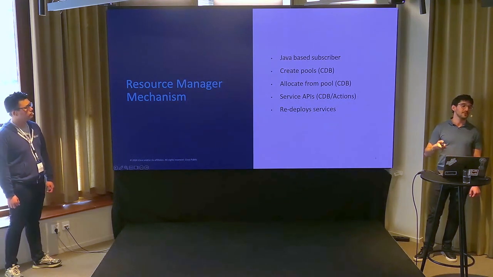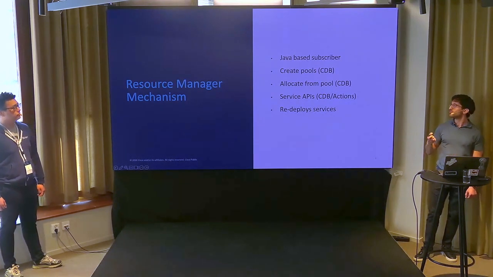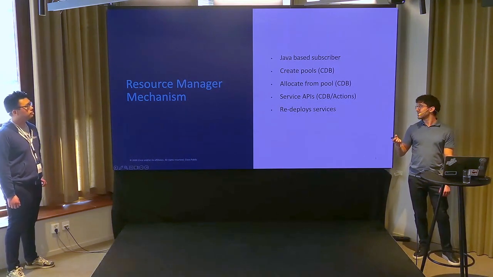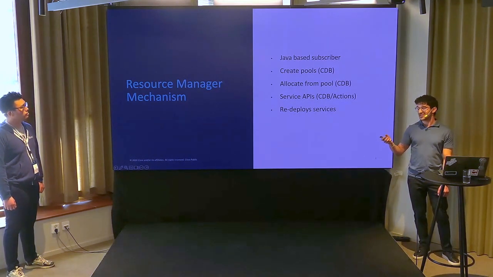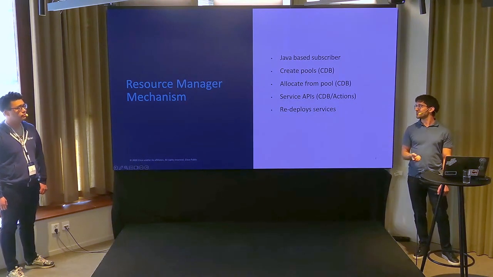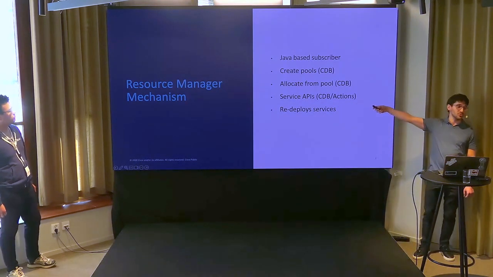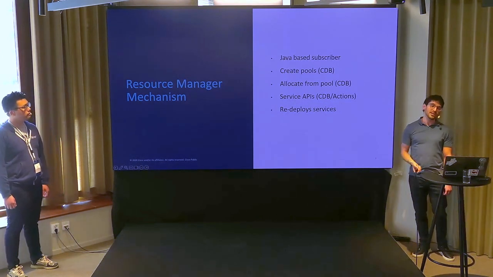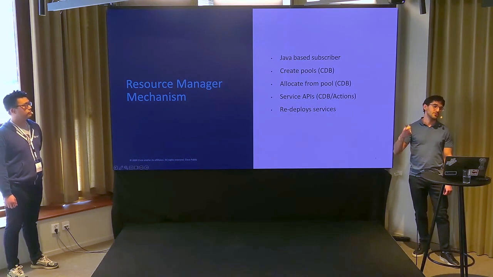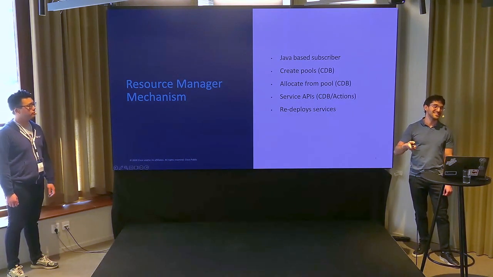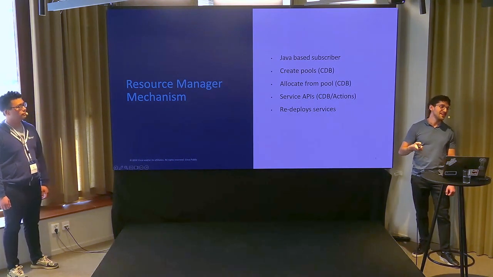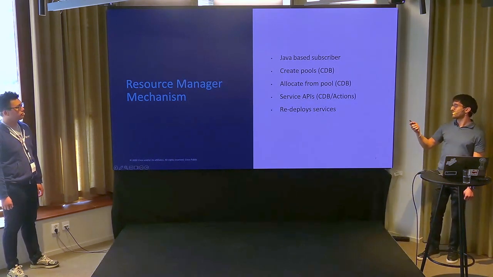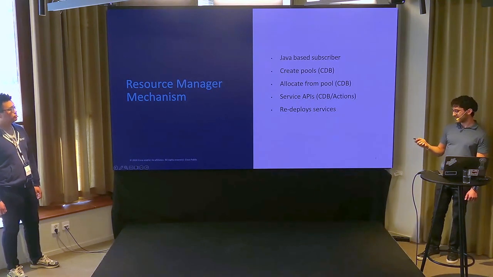Or if you do it in the sync mode, you do that by invoking an action that eventually will add the config to the CDB, but it is going through an action. And that is also all supported by the service APIs that come with the resource manager. And if you use the asynchronous mode, then once the allocation is done by the subscriber, the subscriber will redeploy your service for you. So your service can read whatever it allocated.